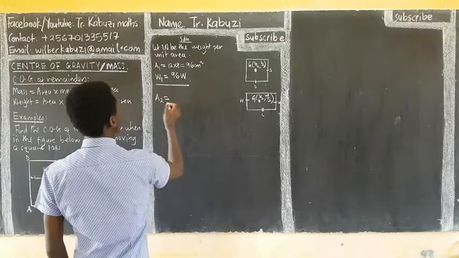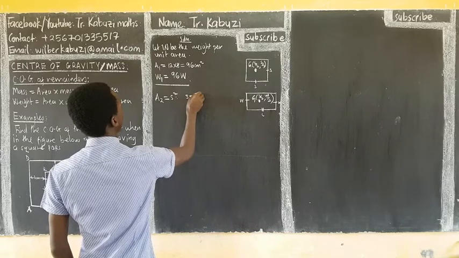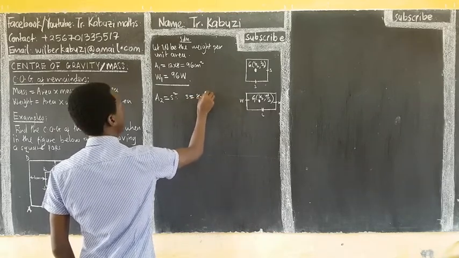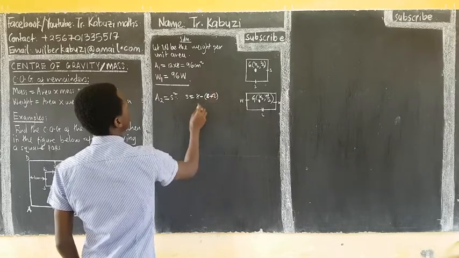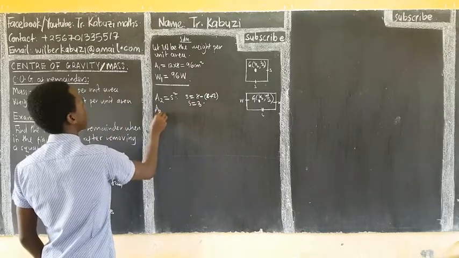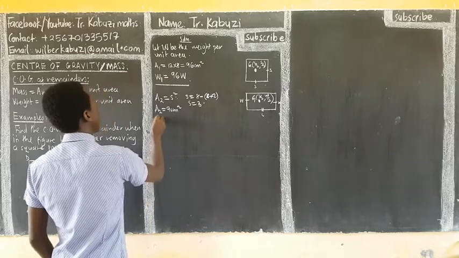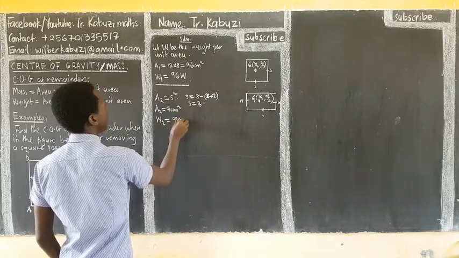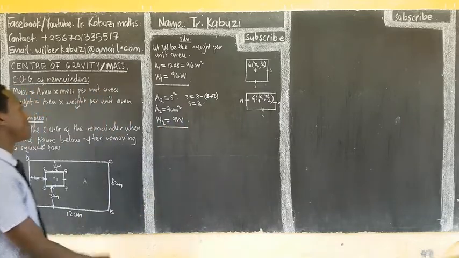So our S is going to be 3, and our area 2 is going to be 9 centimeters squared, and so our weight 2 is going to be 9W, as simple as that.